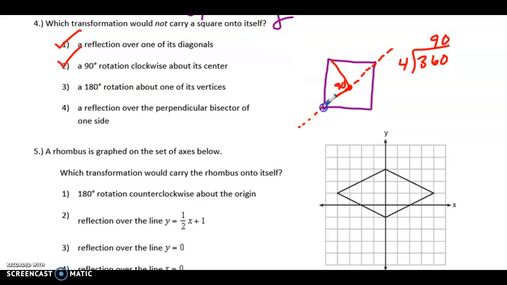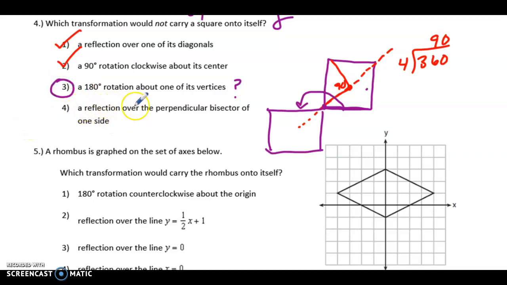If I pick a point here and rotate 180 degrees, I'm going to picture taking this side and rotating it so that it comes over here 180 degrees, which means this side would flip down here. This side would end up way down here. And so in this case, does the square lie on top of itself? No, it doesn't. So it's going to be that one.